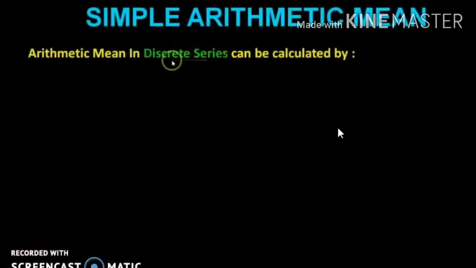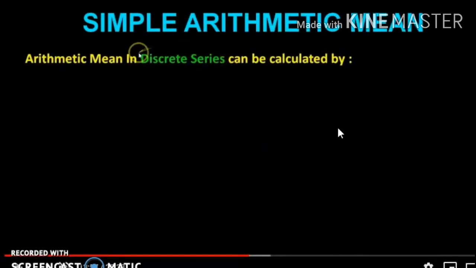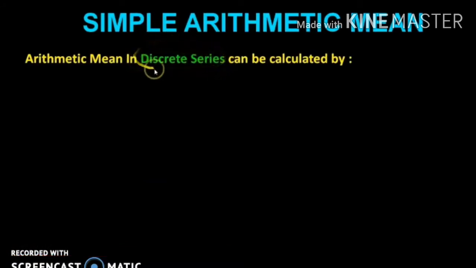So next is the simple arithmetic mean by discrete series that you are going to see here. How will you calculate using a discrete series? That is shown in this method.